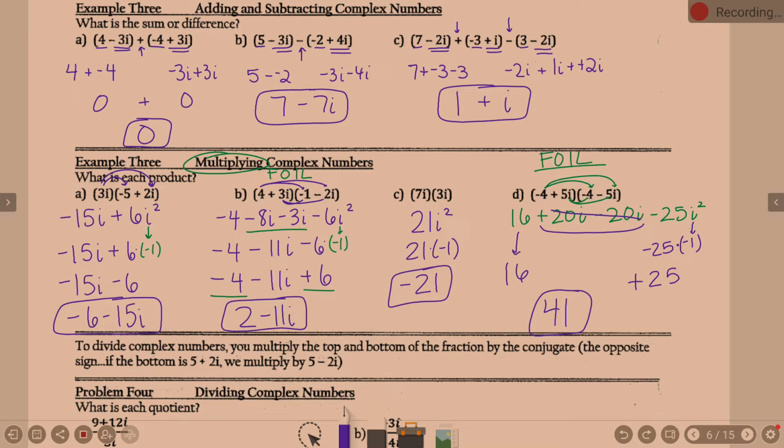Now, this example is specifically here as we lead into the next section. I don't remember if you've heard these words or not, but in this example, D, these pieces are what we call conjugates. I feel like you might have heard it back in Algebra 1, but it's been a while. You've slept a lot since then. But these are conjugates because what do you notice about these parentheses?